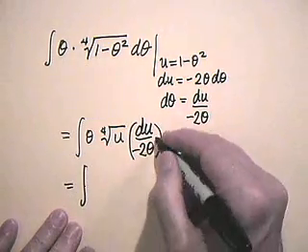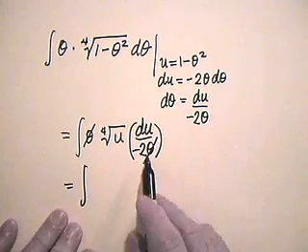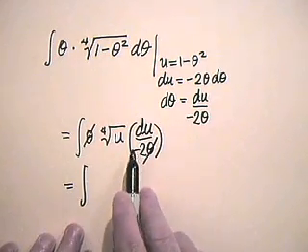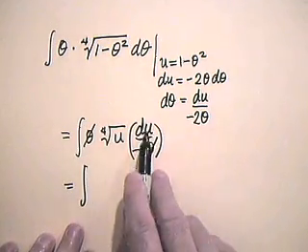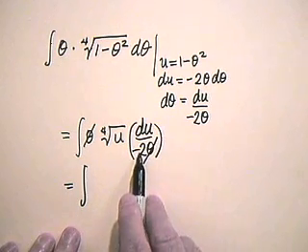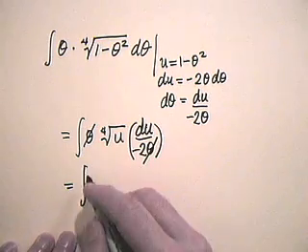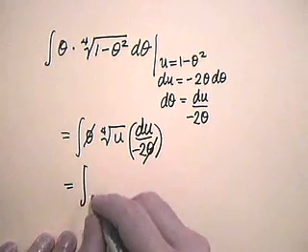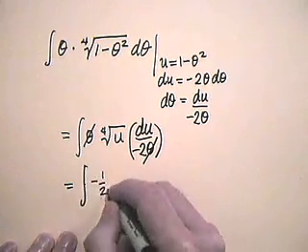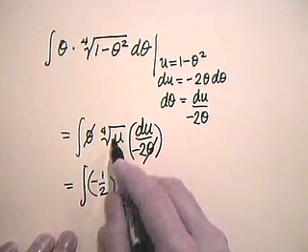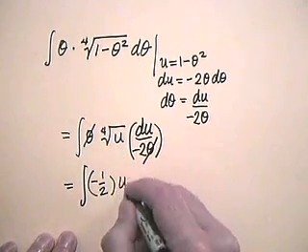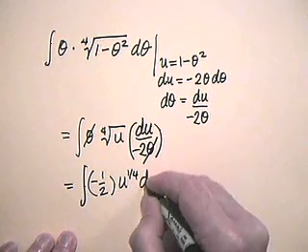Notice the thetas cancel out. And so everything left is either a constant or an expression in u. The negative 2 down in the denominator can come out. Here, we could put it out front as a negative 1/2. The 4th root of u is u to the 1/4 power du.